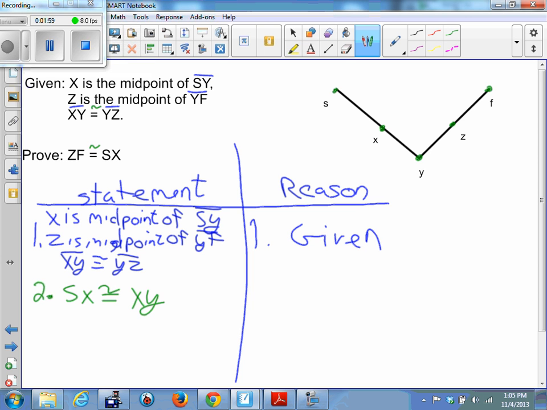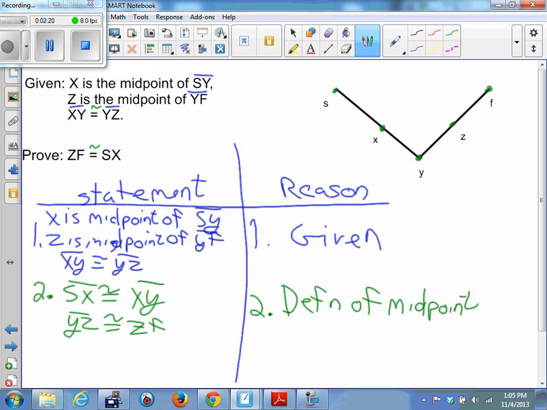We're also going to put the other one, YZ is congruent to ZF. The reason for this is just definition of midpoint. I put those on the same level just because they are the same exact reason.